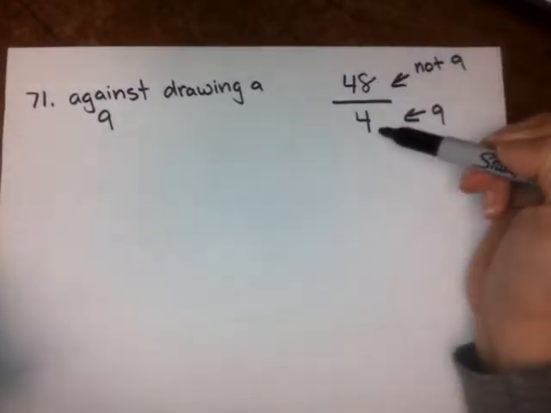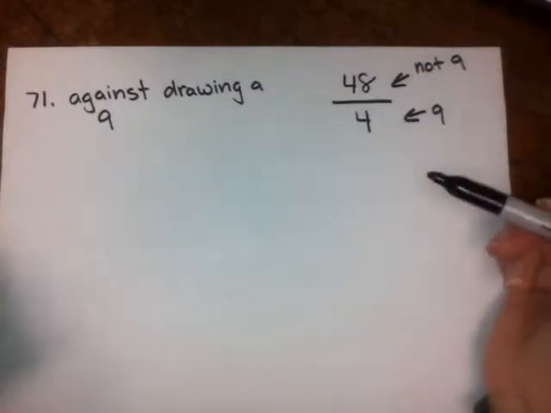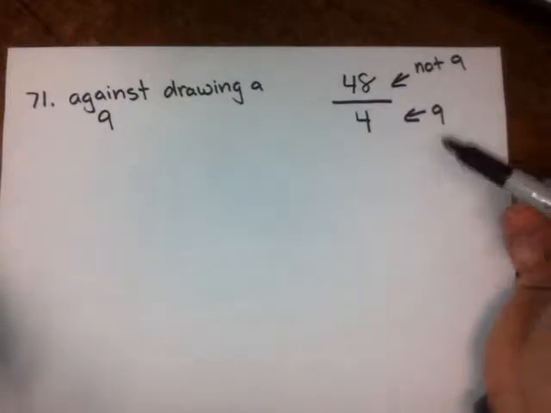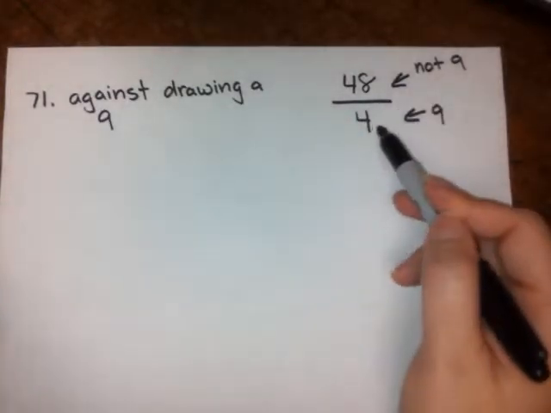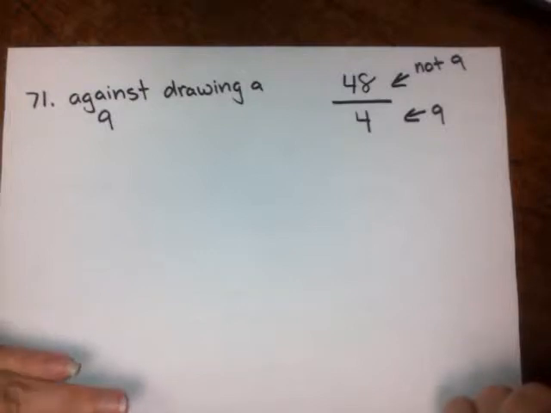So 48 to 4 are your odds against drawing a 9. Number 72 asks odds against drawing a 5. Well, that's going to be exactly the same because there are 4 5s and 48 not 5s in the deck. So let's do one more here. Actually, we can do a couple more.